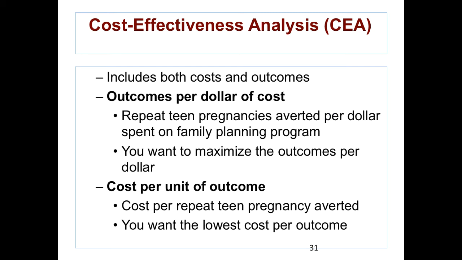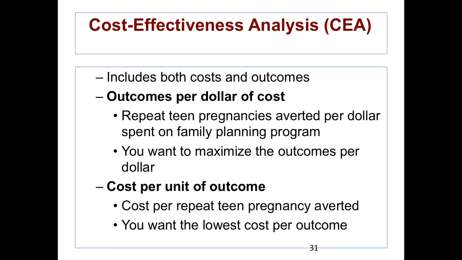So the cost effectiveness analysis includes both costs and outcomes. When we want to evaluate, we look at the outcomes per dollar of cost. For example, repeat teen pregnancies averted per dollar spent on family planning programs. So you want to maximize the outcomes per dollar, or you can evaluate the cost per unit of outcome.